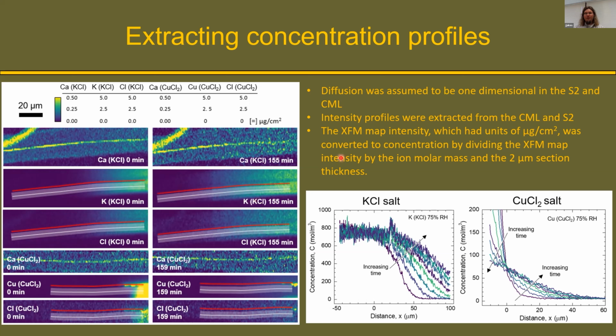And then because we knew the section thickness, and of course we know the ion molar mass, we're able to convert these intensity profiles to concentration profiles in terms of moles per volume.